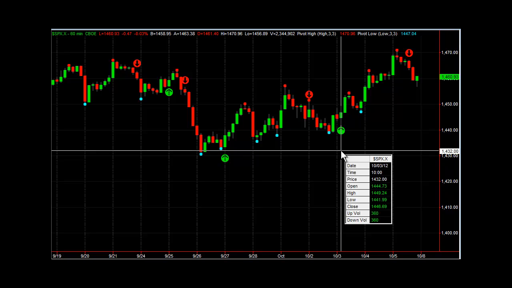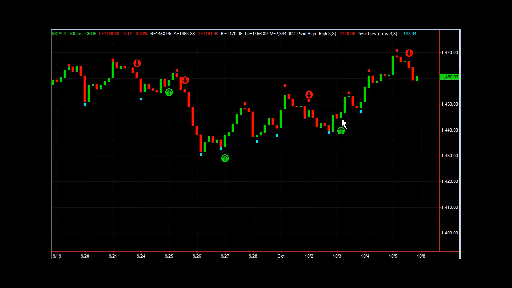It was long, the last time being long was the 3rd of October at 10 a.m. Central. Had a nice move up. Now it's short, still holding short. And so you can see how this short coming in at the latter part of the day kept the medium term, our daily cycle, from going to a long.